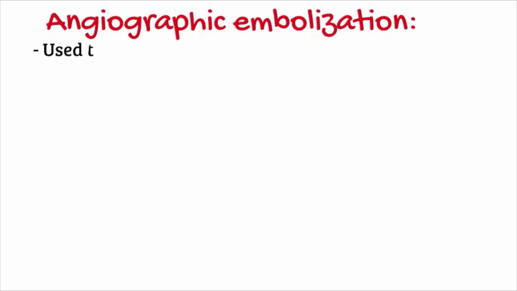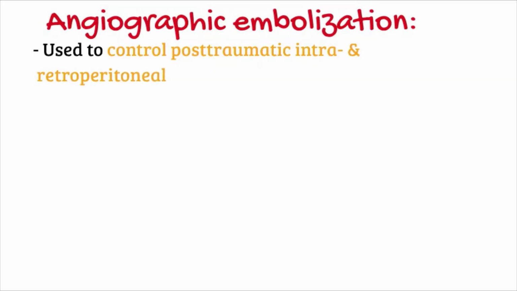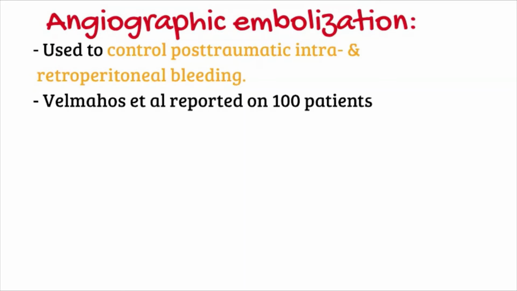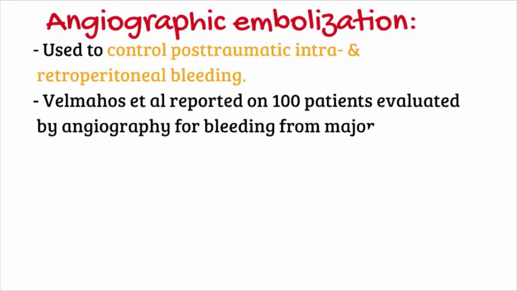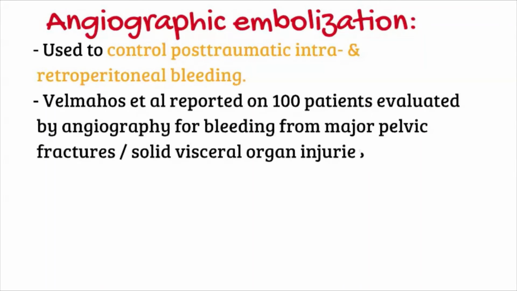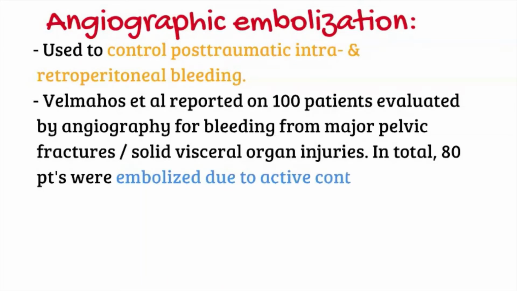Regarding angiographic embolization, it is used to control post-traumatic intra- and retroperitoneal bleeding. Velmahos et al. reported on 100 patients evaluated by angiography for bleeding from major pelvic fracture or solid visceral organ injuries.